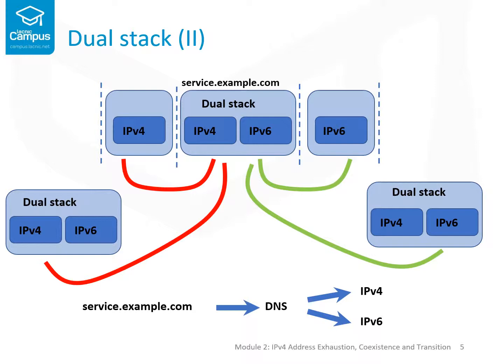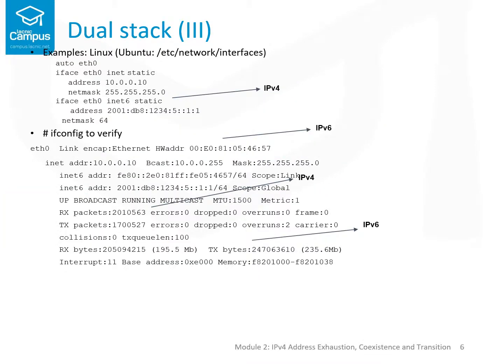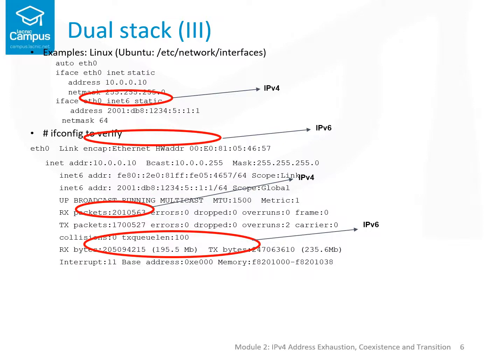As we've seen, in most cases, default preference is given to IPv6. Here we can see an example of an eth0 interface configuration in Linux. IPv4 and IPv6 are configured on the same interface such that IPv4 and IPv6 addresses are available at the same time, and it accepts traffic through both protocols.